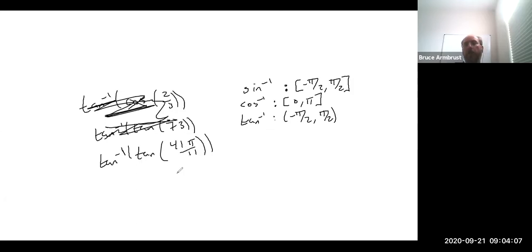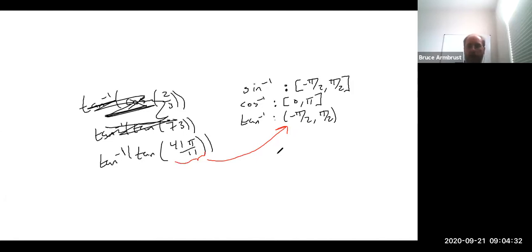Okay, so basically what you have to do when you have one of these problems is you look and see, is this angle that we're given in this interval? Because if it is, then the inverse tangent and the tangent would cancel each other out and we would be done.